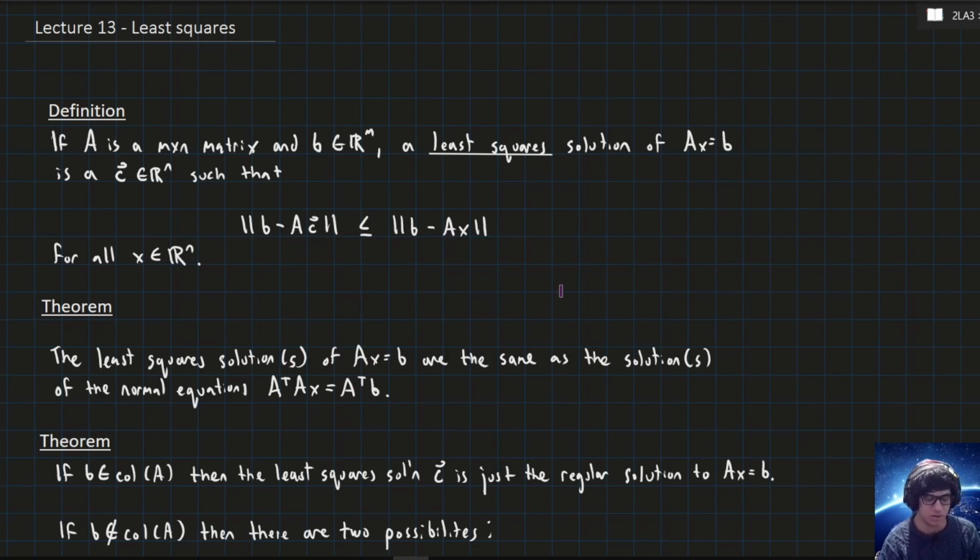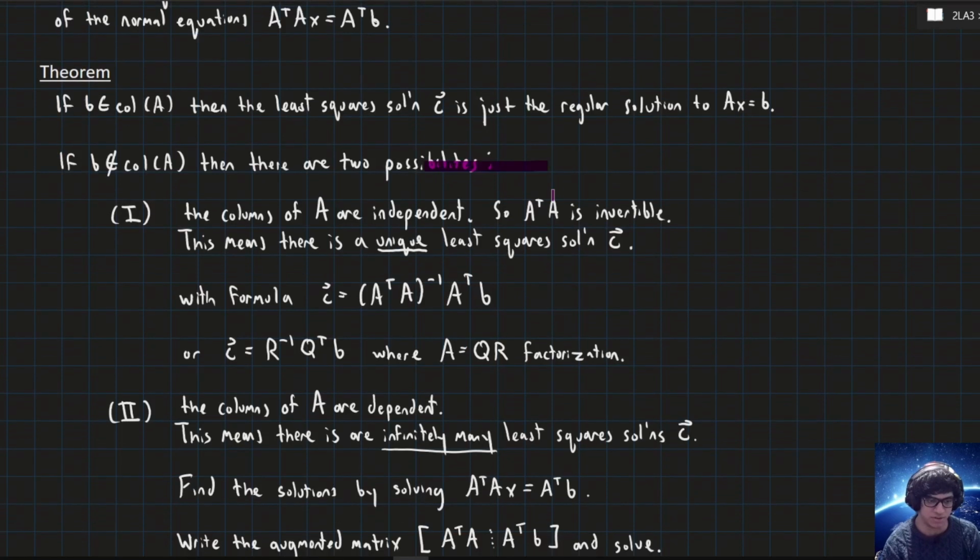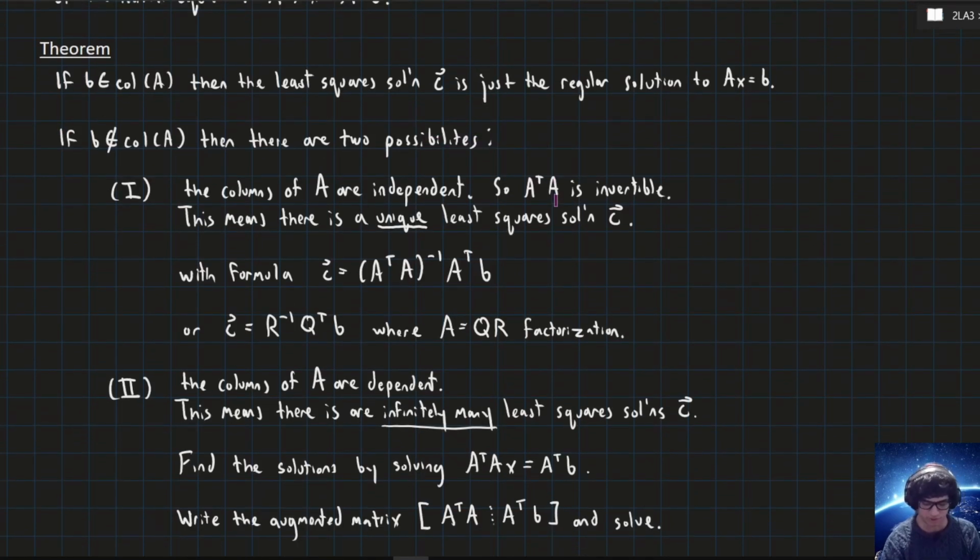So given the generalized least squares problem, how do I find the least squares solutions, and how many of them are there? This theorem summarizes it.